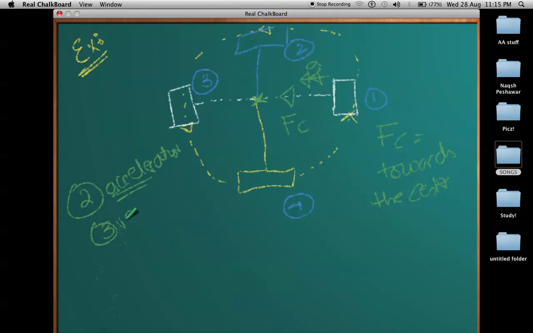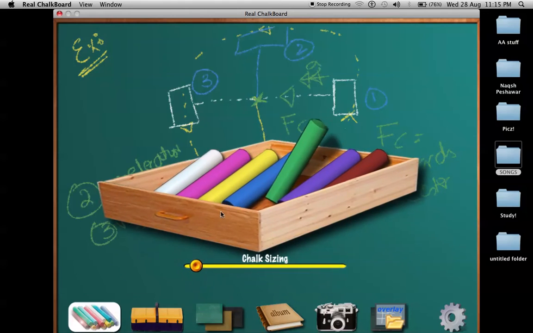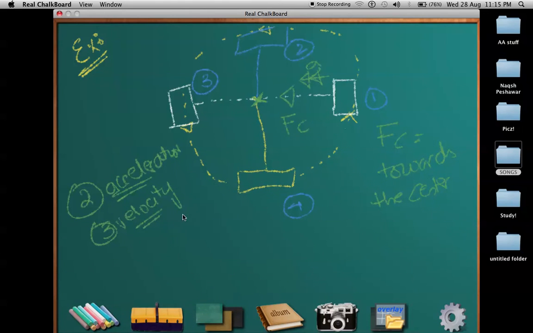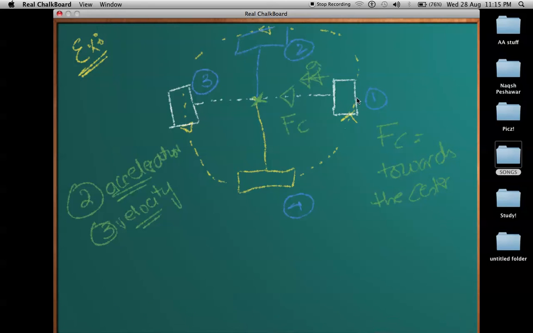However, let's talk about the velocity. The velocity of the object would always be tangent to the path of motion. In this case, since it's moving here, this is the direction of the velocity of the object. Always tangent to the path of the object.